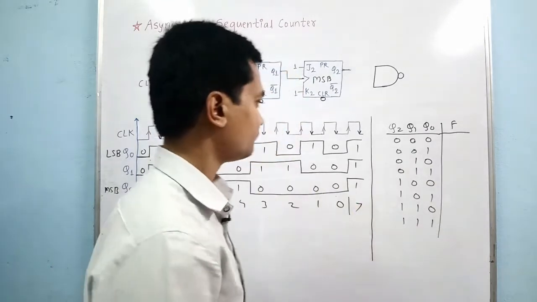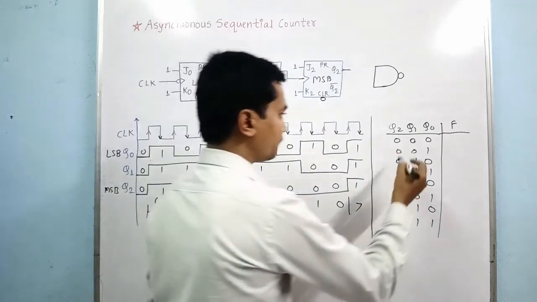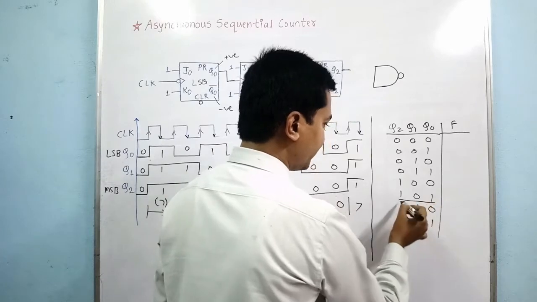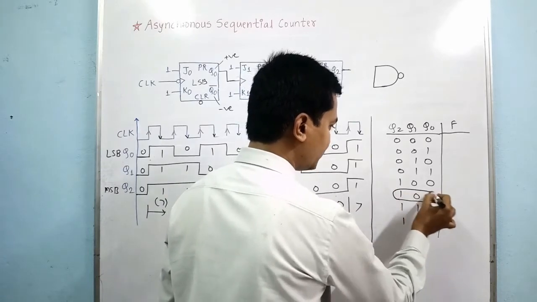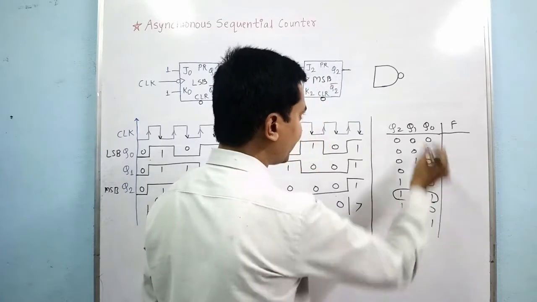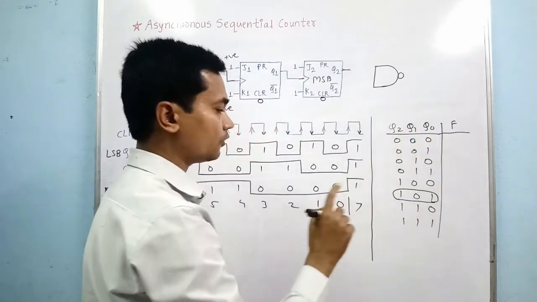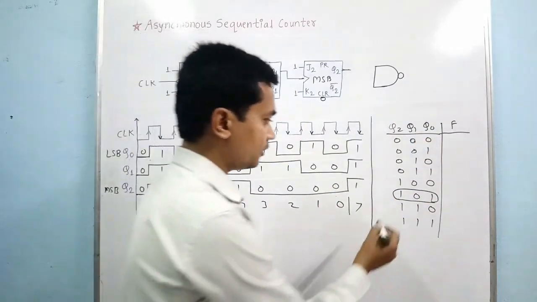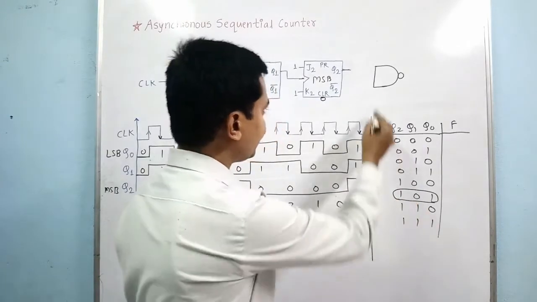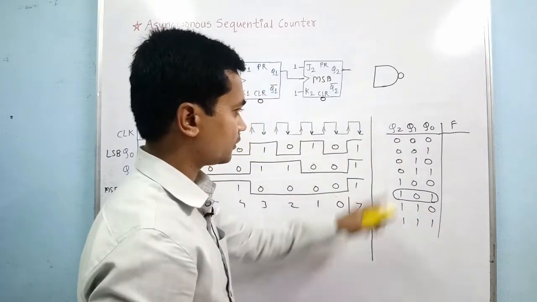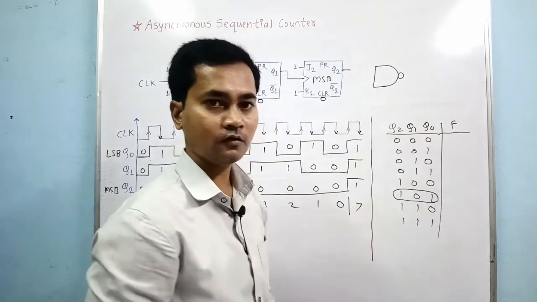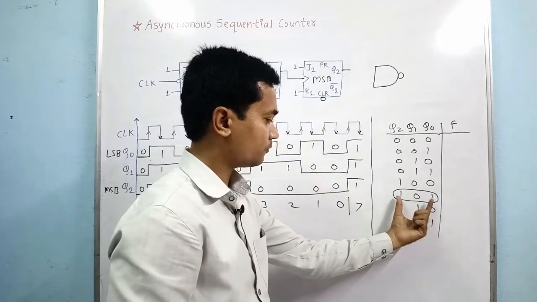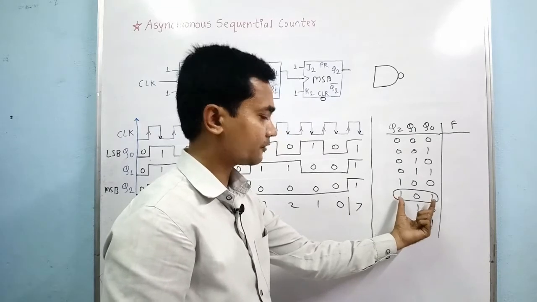So for this combination 101, when this combination arrives, that time the output of the NAND gate should go low. So which inputs should be connected here? Just focus on where the logic ones are.